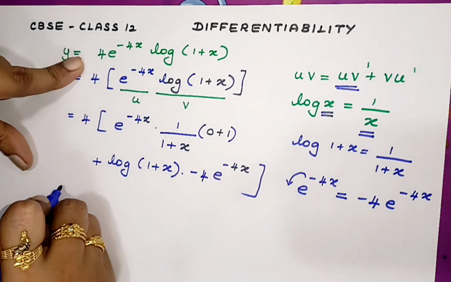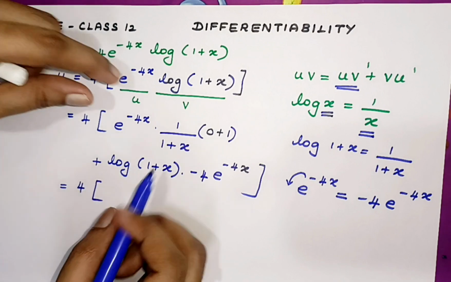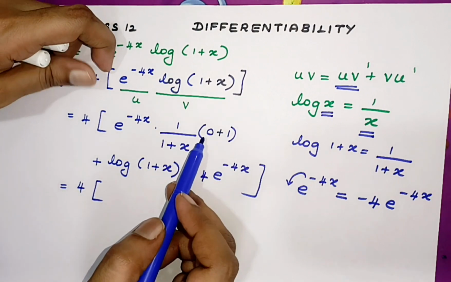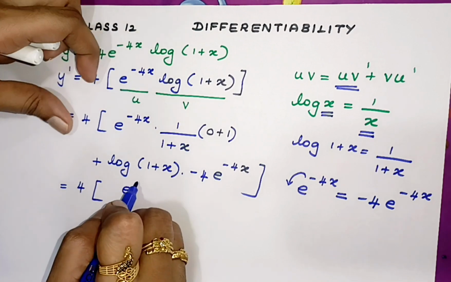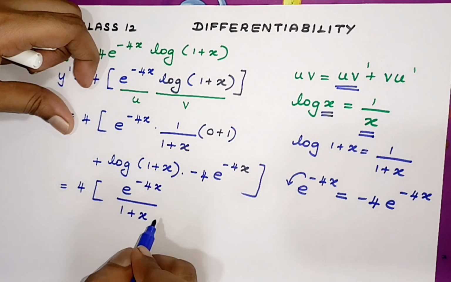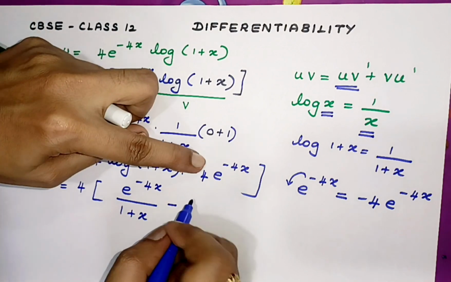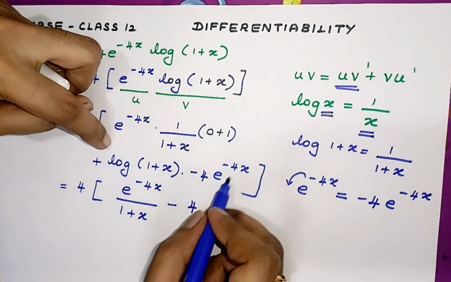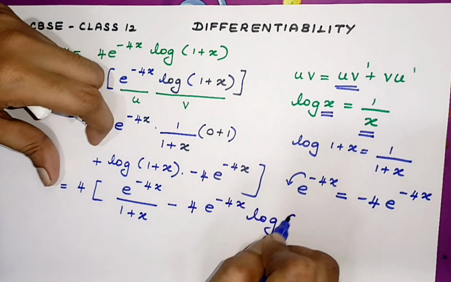Now we are going to simplify. 4 into, this is 1 plus 0, which is nothing but 1, so there is no change in the term. e power minus 4x into 1 means e power minus 4x divided by 1 plus x. Next, plus, and into minus gives minus: 1 into 4 is 4. So e power minus 4x into log of 1 plus x.